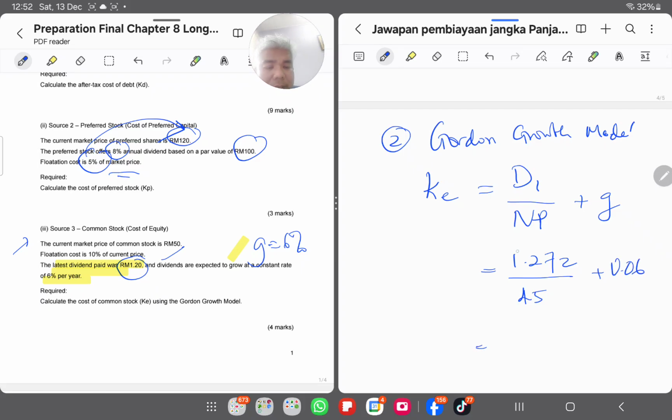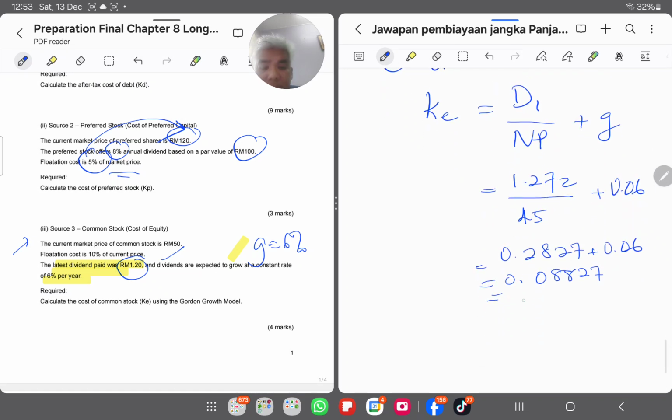Then you calculate 0.0283 plus 0.06, then you will get 0.08827, or 8.83%.